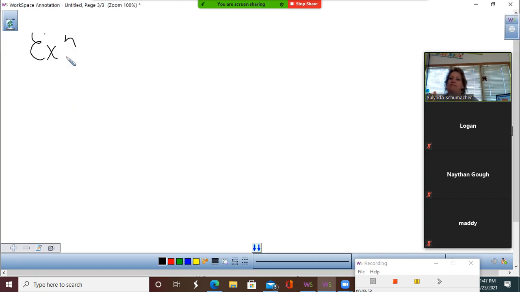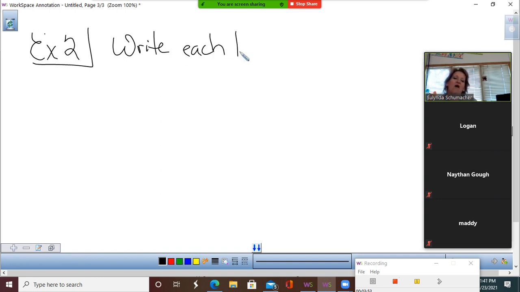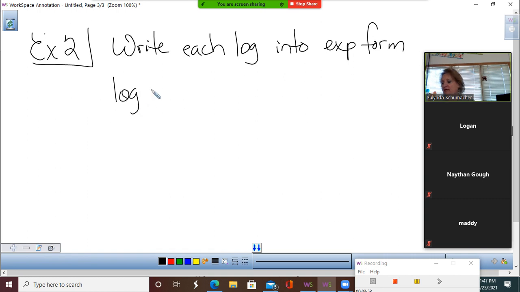Example number 2. So I just asked you to take them from exponential form and to rewrite them into log form. So now this time, let's write each log into exponential. So if I have log base 2 of 16 equals 4. And I want to remind you, this is my base, that's my b, right?